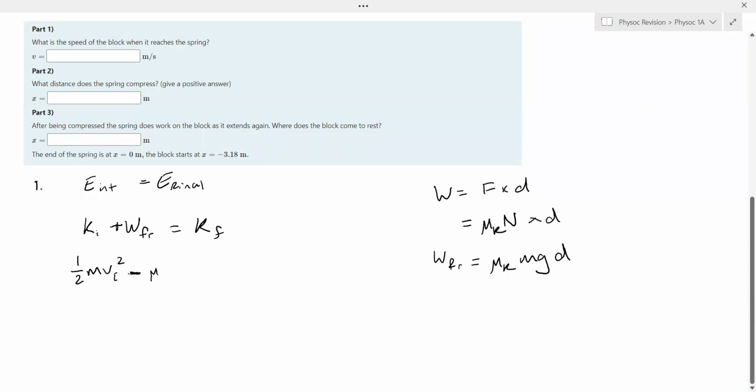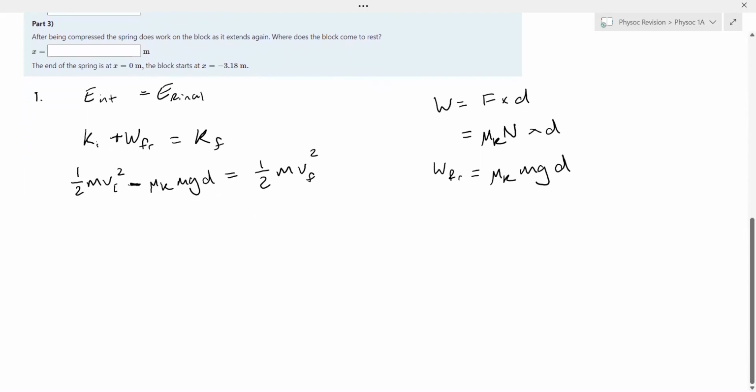So this is going to be minus mu k mg d, and our final kinetic energy, with a subscript f for final. We can get rid of the masses, they all cancel out. We can get rid of the halves and then put a 2 out the front here. And so we're going to get our initial velocity squared minus 2 mu k g d is equal to our final velocity squared, and that's really what we want to find.